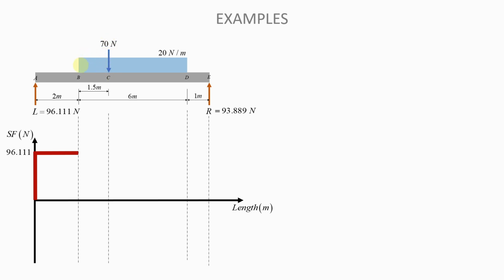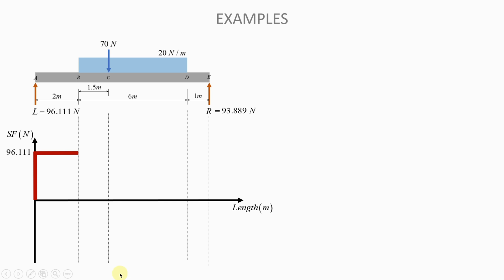That is the first segment of the UDL that we will focus on, and we will draw that here. And then the second segment of the UDL that we will focus on is the one that goes from where the 70 Newton force is applied to the end of the UDL, and that we will draw here. But in between those two segments, we will need to account for this 70 Newton force, which will be here.